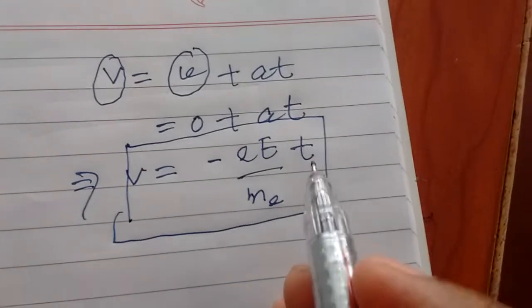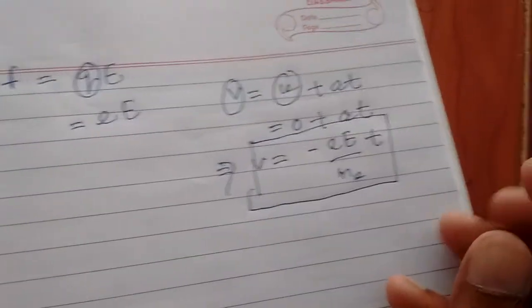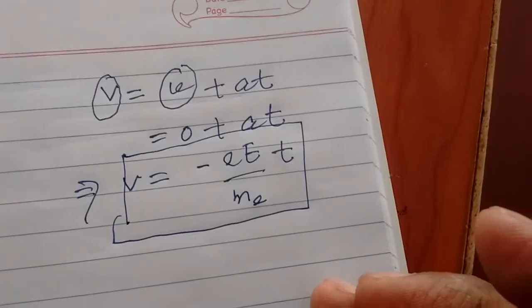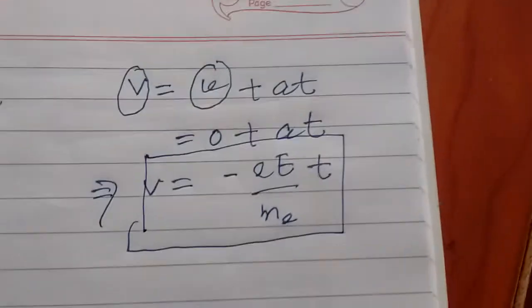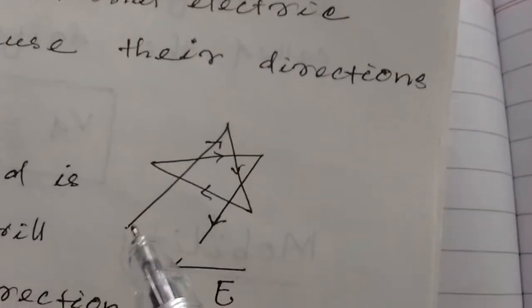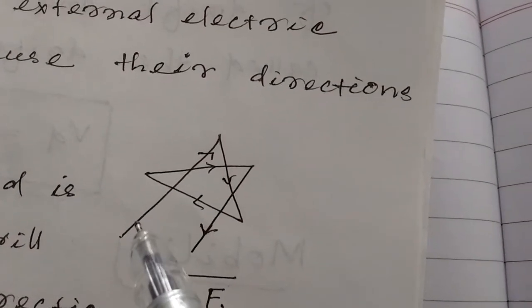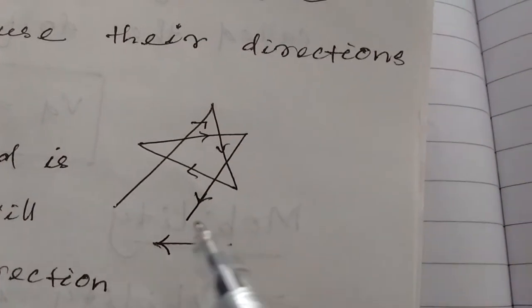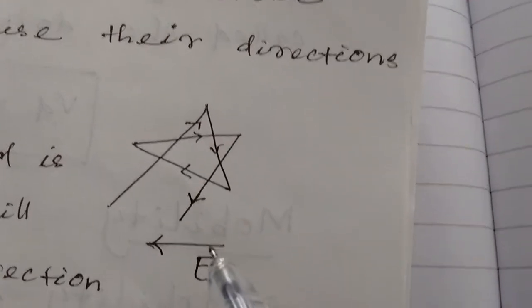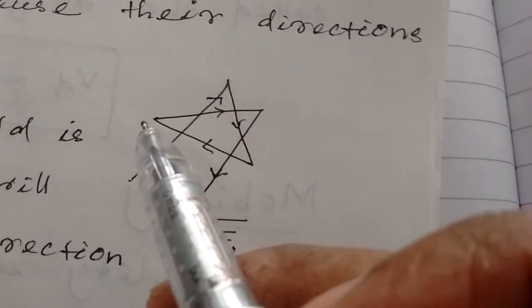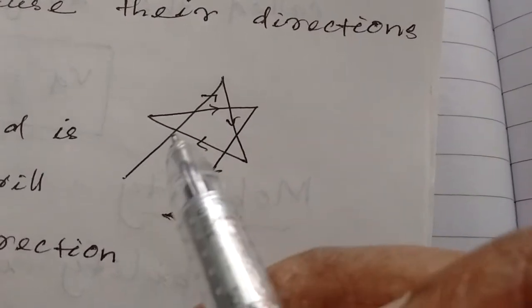Now suppose, here you take a look. Suppose the electron moves from this point to this point, and then the electric field is applied. As soon as this electric field is applied, it will start moving in this direction. It will be like this.